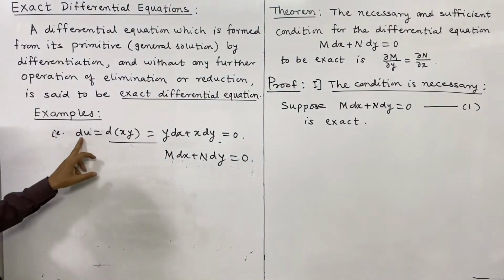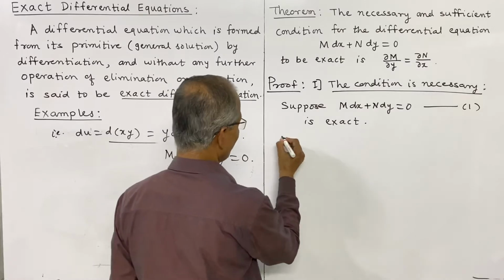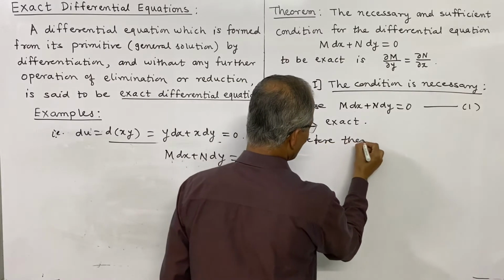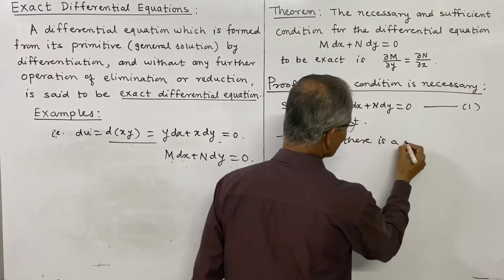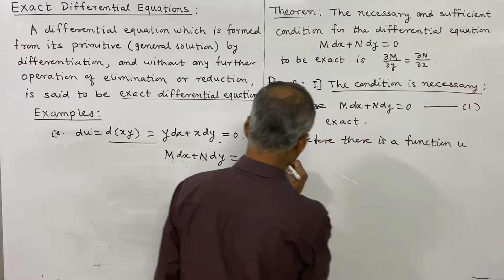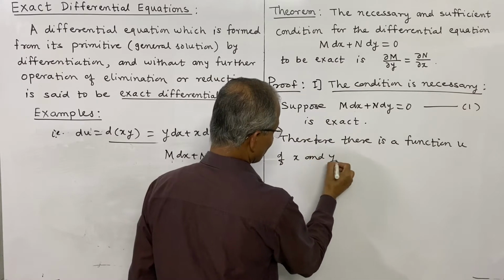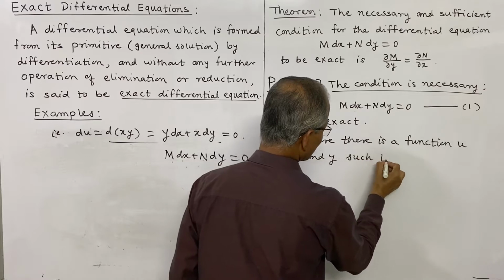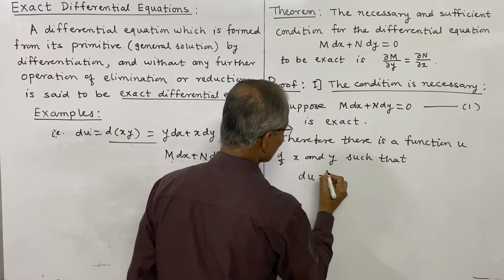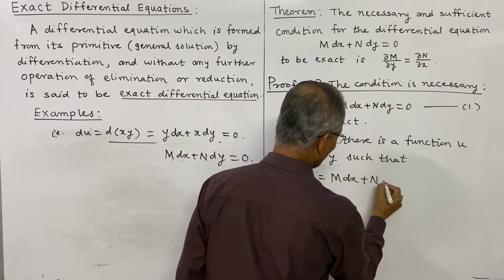That's why we have considered du is equal to d of xy. So therefore there exists a function u of x and y such that d of u is equal to m dx plus n dy.